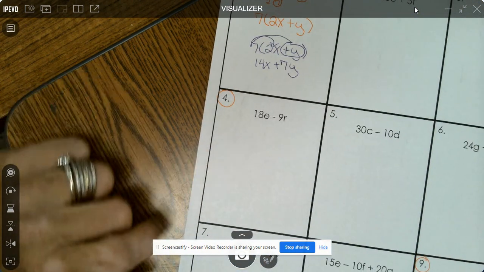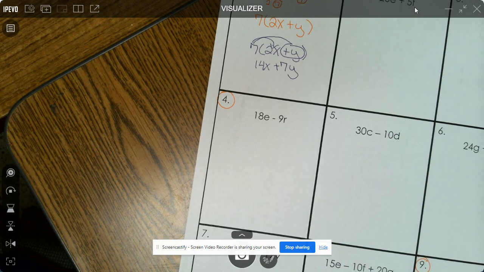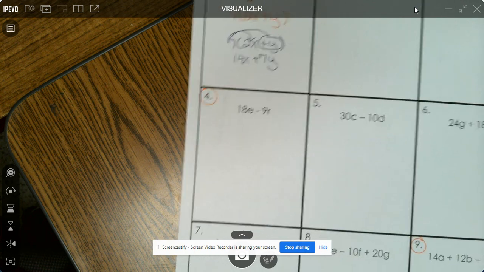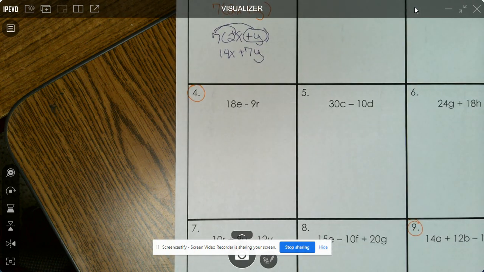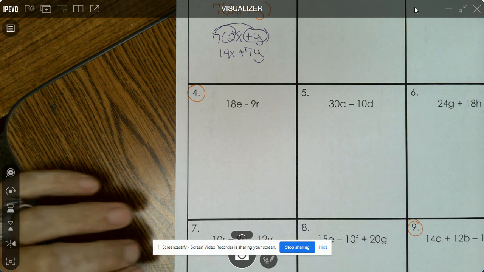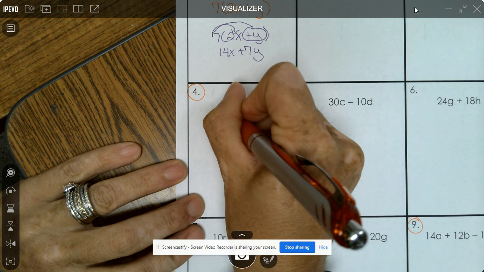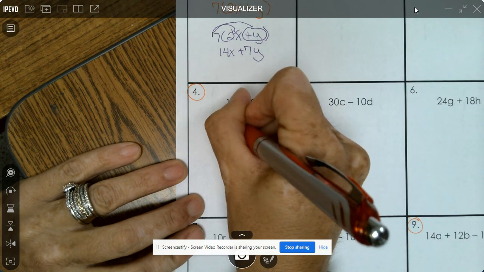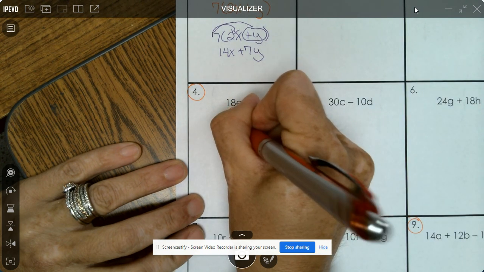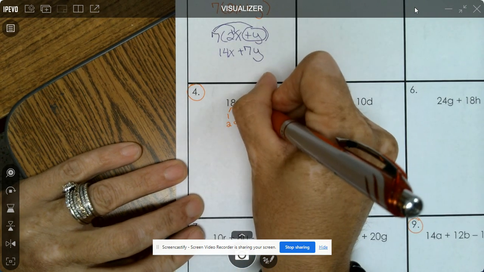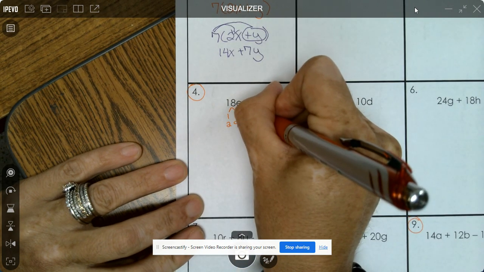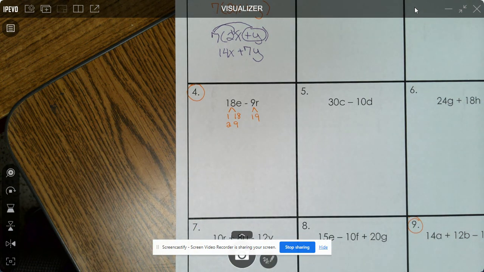Go ahead and do number 2 or number 4. Number 4 should be easy because we went over that in our review. Now be careful because this one has that negative 9 in it.